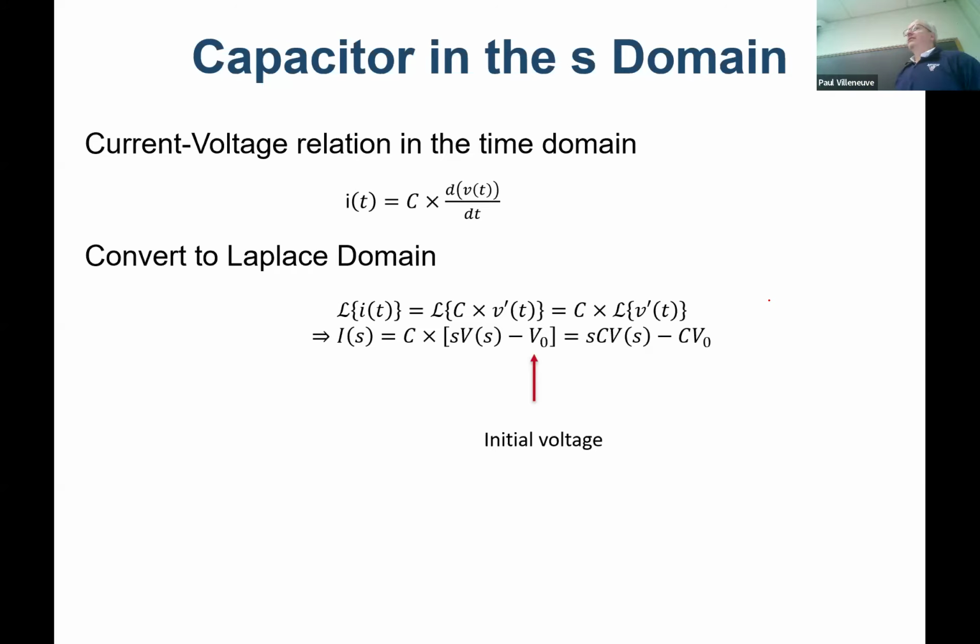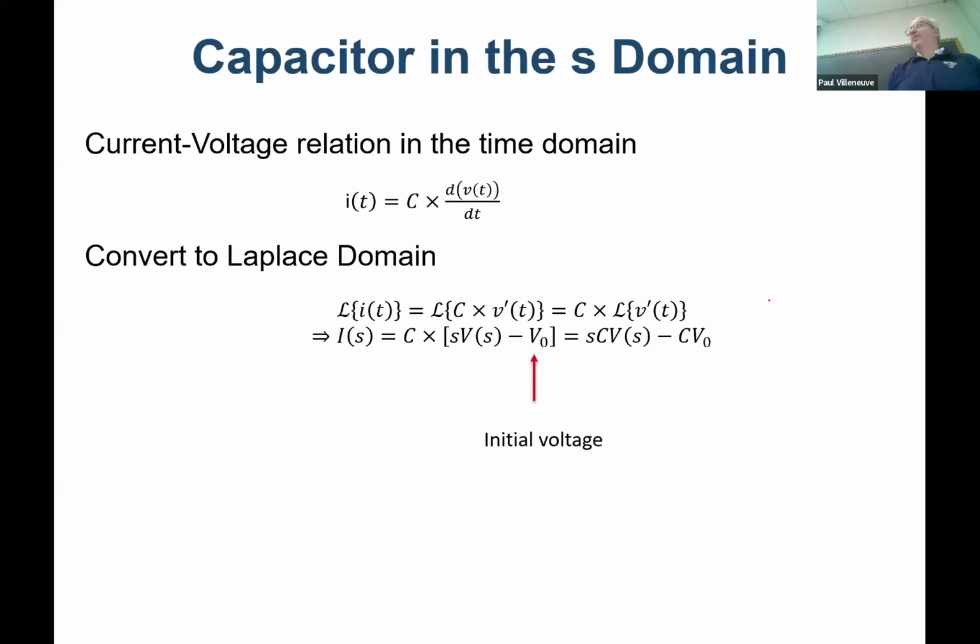We have the Laplace transform of our current equal to the Laplace transform of C V prime, or dV/dt. Multiplying by a constant, we can move the constant out front, we have C. Now we have to take the Laplace transform of V prime of t, which is multiplying by s and subtracting the initial condition. And we end up with sCV of s minus CV0.